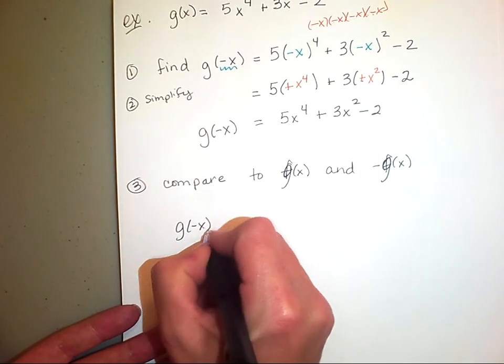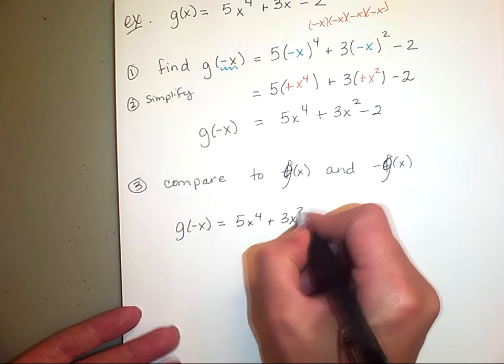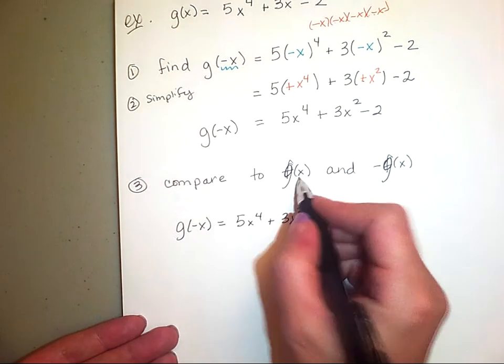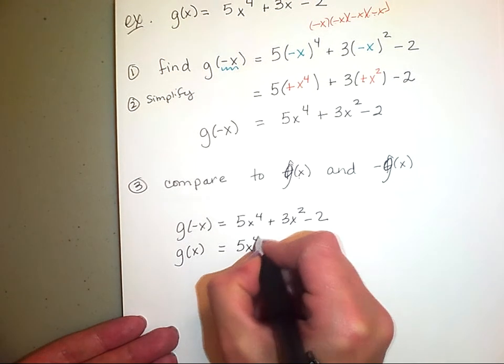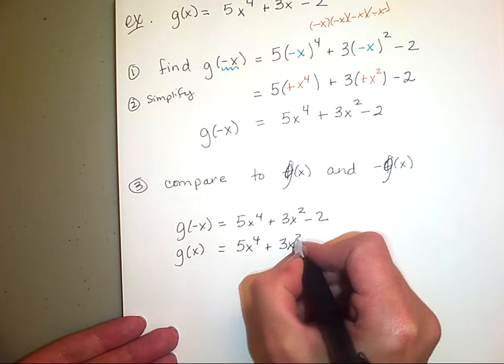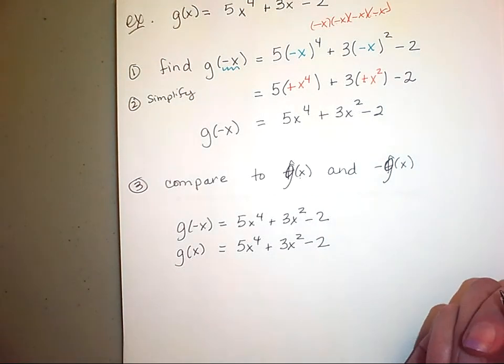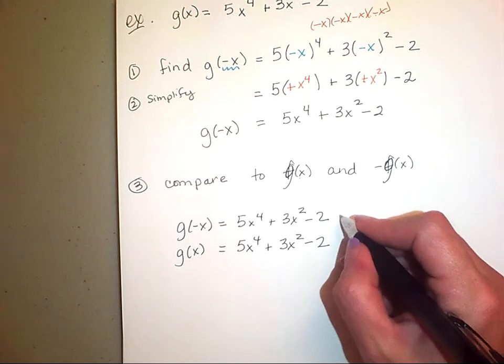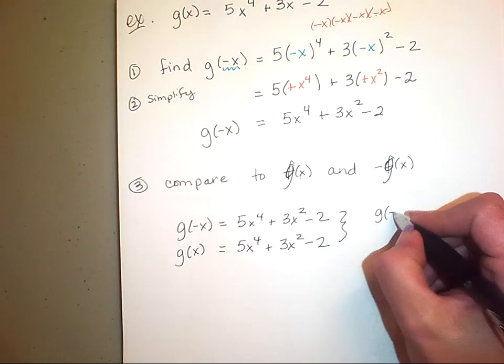So we see then that g of negative x is 5x to the fourth plus 3x squared minus 2. And g of x is given as 5x to the fourth plus 3x squared minus 2. And at this point, we're actually finished. These two are the same.